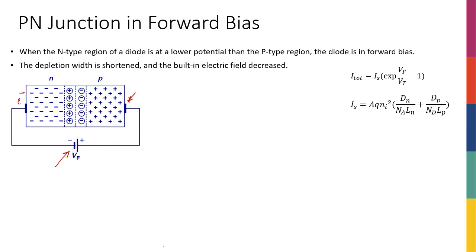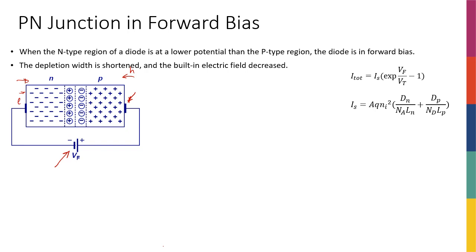I'm just going to have so many holes coming into the P side of my PN junction, and so many electrons coming to the N side of my PN junction, that there's no way for the ions to actually be generated. The moment they get generated, they're going to be canceled out or neutralized by these extra holes that are coming.